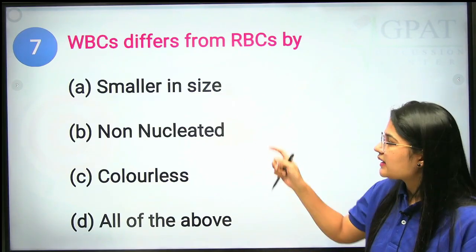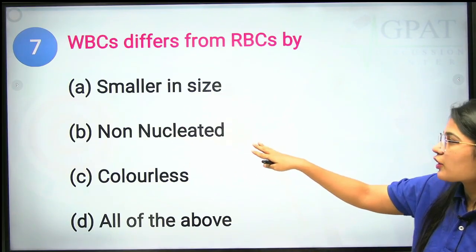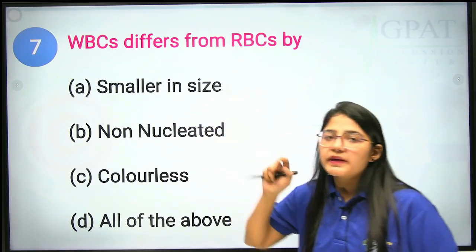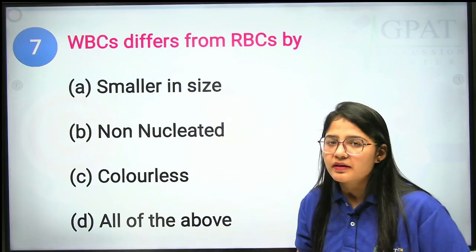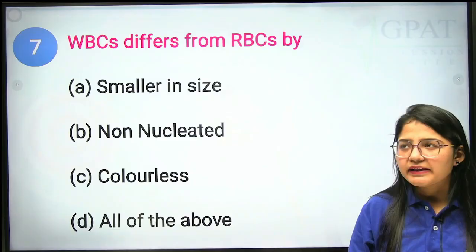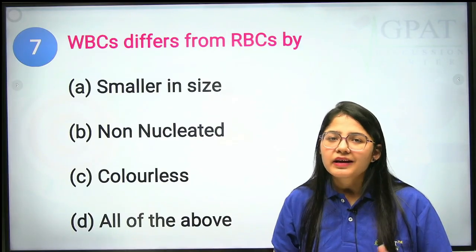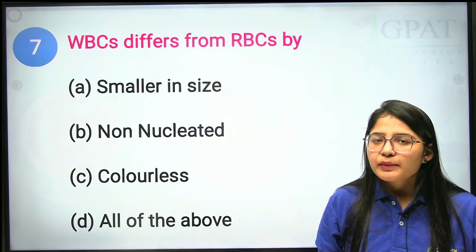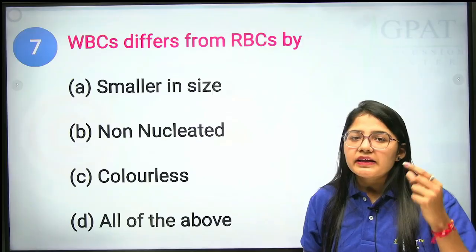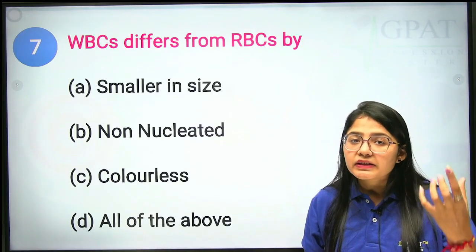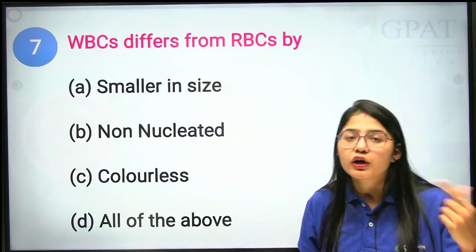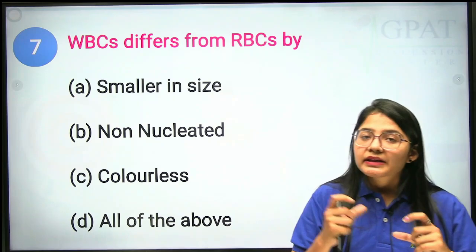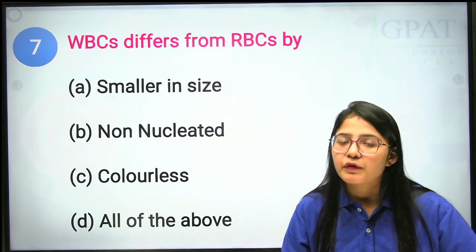non-nucleated. Yes, this will be, I think, your wrong answer, because WBCs contain the nucleus. I think most of you have watched crime shows like CID. Clear? Now, in there you can see they are testing the strand of your hair, or we can say your blood, and they isolate the genetic information.